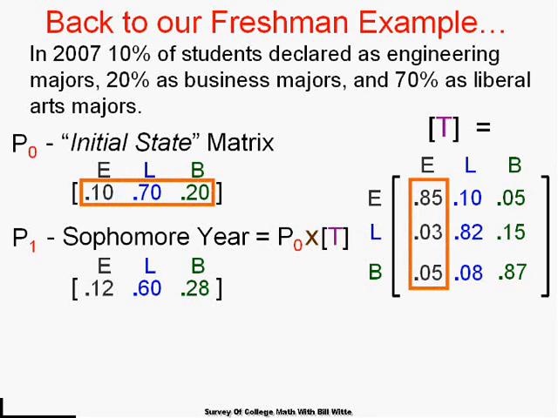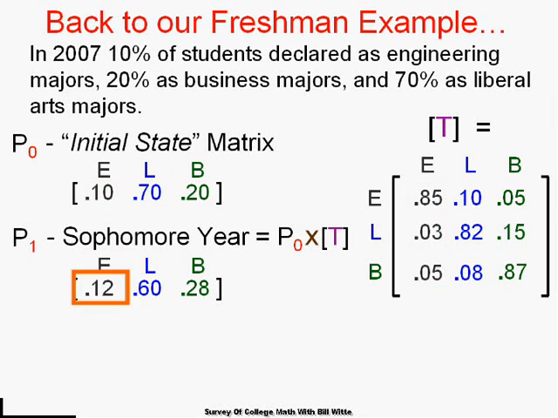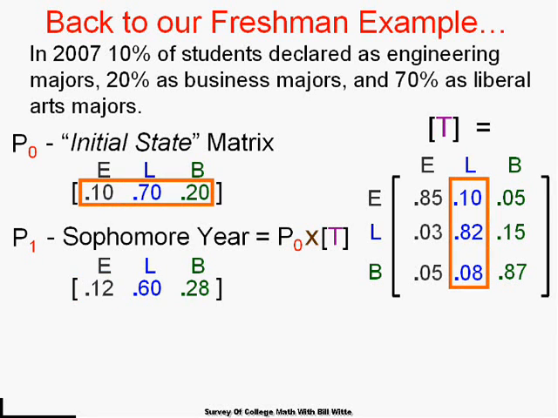Remember how to multiply it? We multiply these two. That'd be 10% times 85% plus 0.7 times 0.03 plus 0.2 times 0.05, and that will give you just the first number. Then we multiply the first row again times the second column of the transition matrix: 0.10 times 0.10 plus 0.7 times 0.82 plus 0.20 times 0.08, and I promise you'll get the second number.